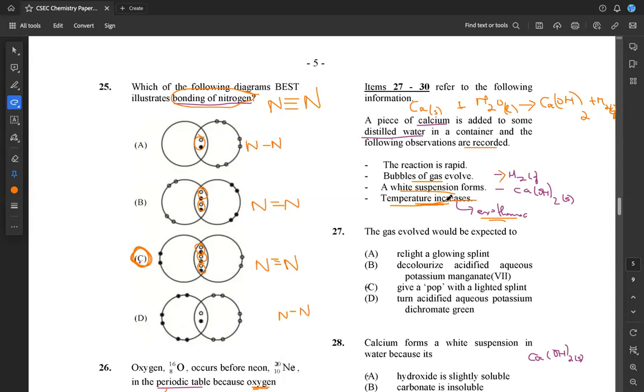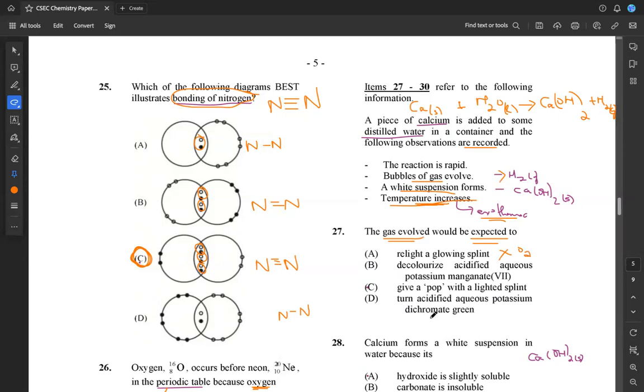So question 27 is asking, what would the gas evolved be expected to do? As we said, we're hypothesizing that the gas that gets evolved would be hydrogen, right? What does hydrogen do? Does hydrogen relight a glowing splint? No, it's oxygen that would do that, right?